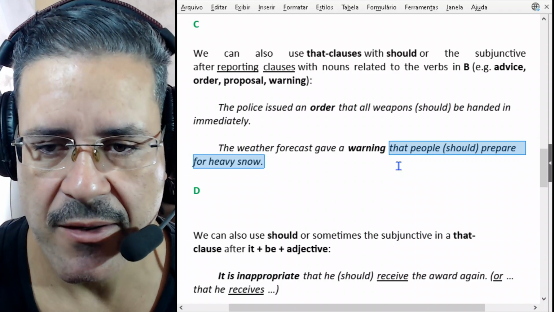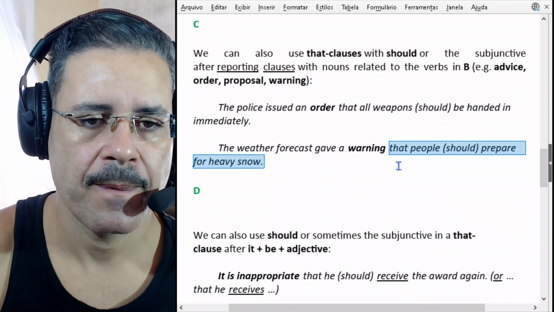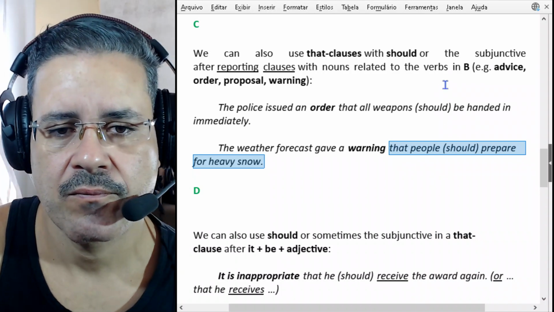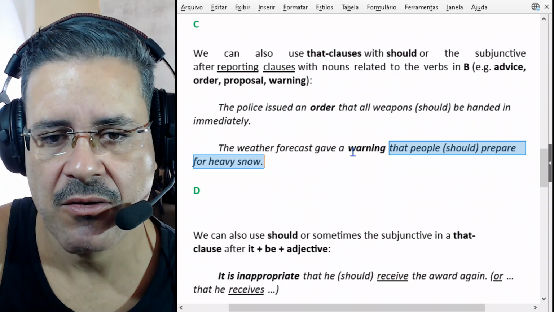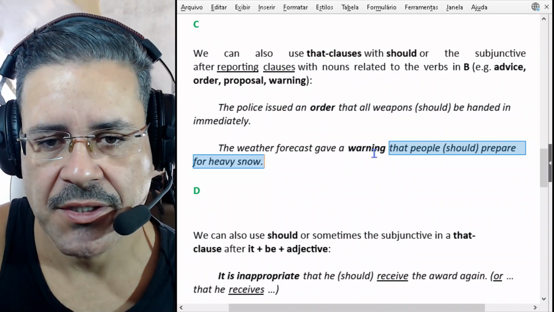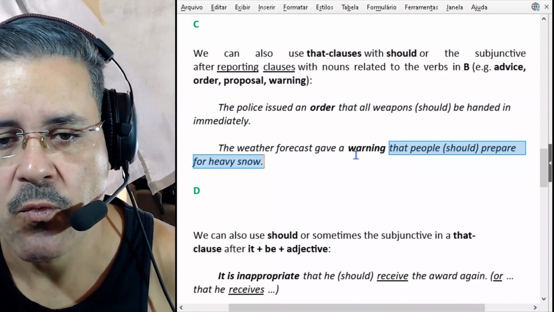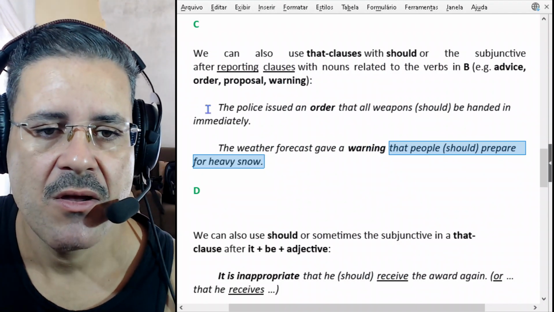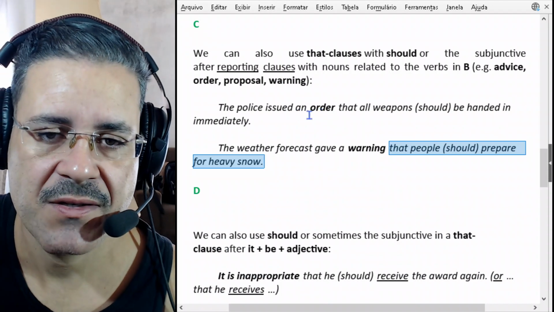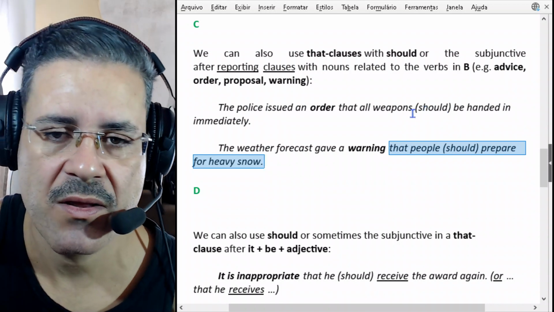This is a bare infinitive with should or without should. And remember that we're using nouns before that clause. This is the noun followed by that clause, with or without should.